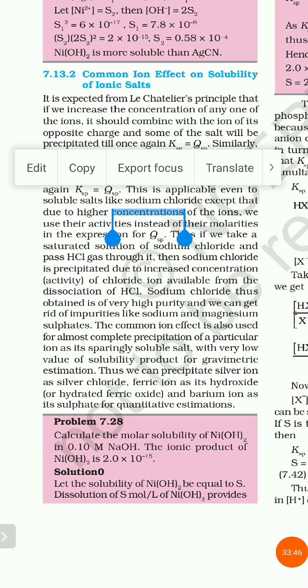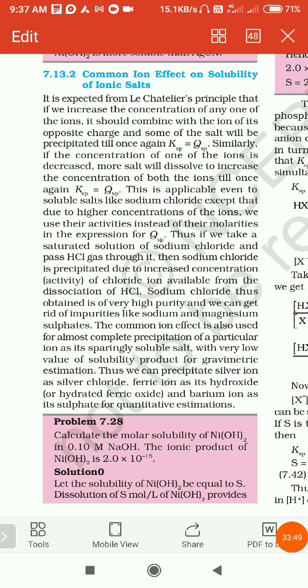That means if the concentration of one of the ions is decreasing, more salt will dissolve.